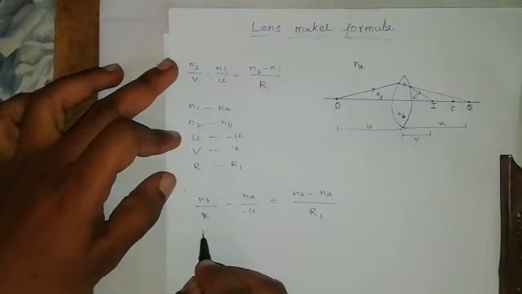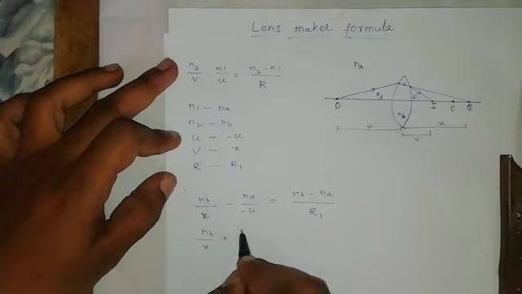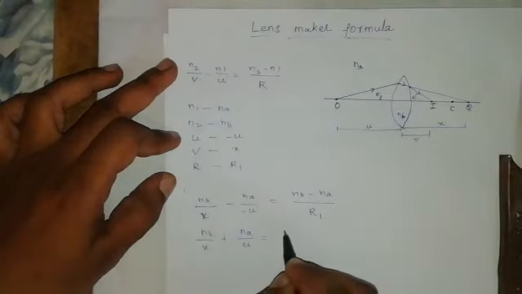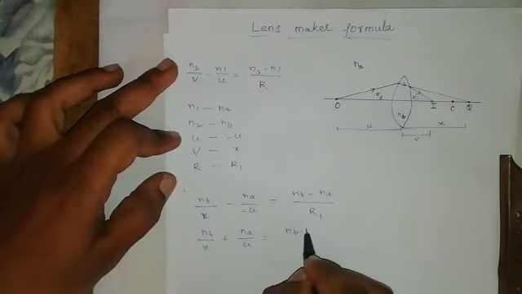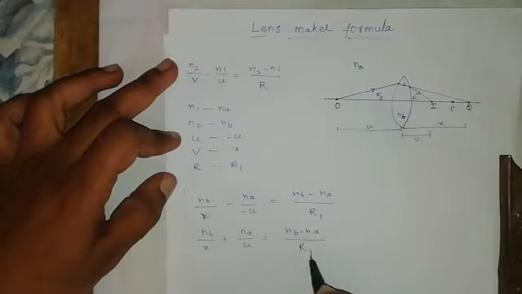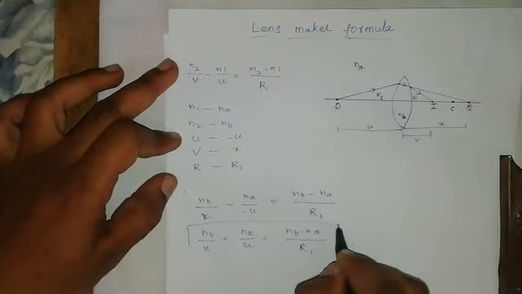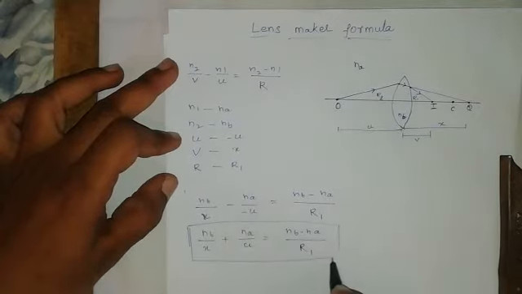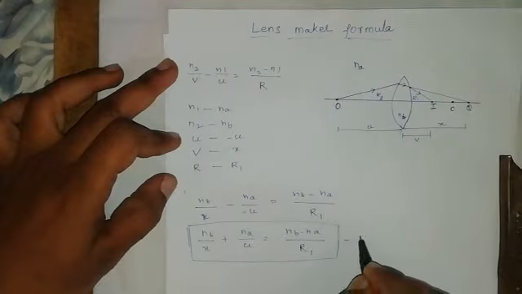By solving it I can write nb by x plus na by u equals nb minus na by R1. So this is the equation for the first curved surface.